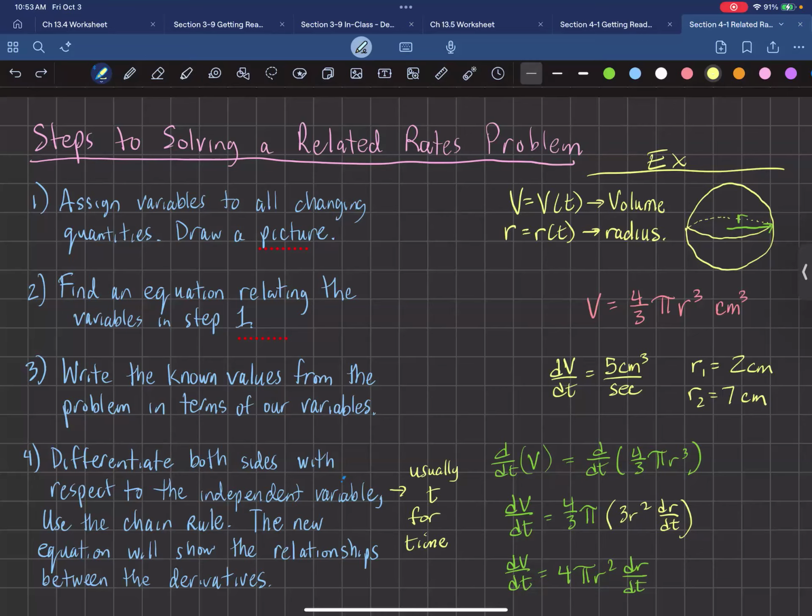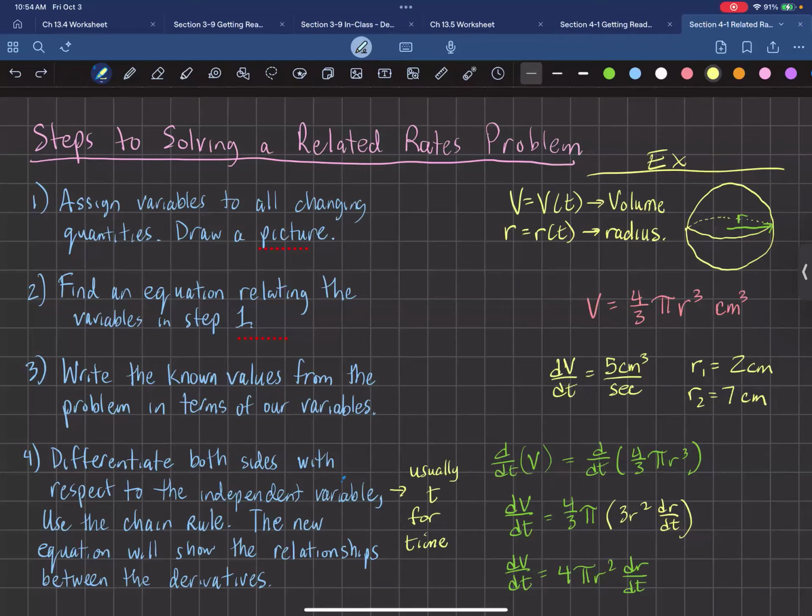Be sure to use the chain rule because we need a derivative. This is very much like implicit differentiation. So with implicit differentiation, use the chain rule. The new equations will show the relationships between the derivatives.